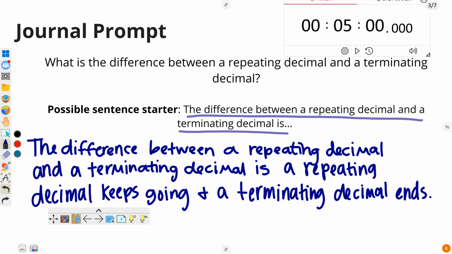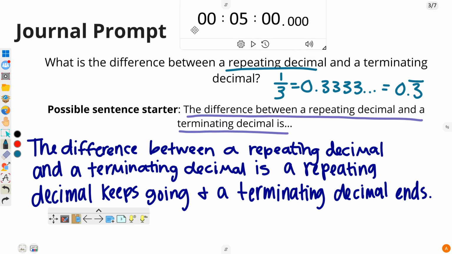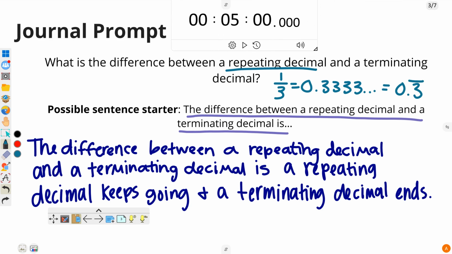An example might be, a repeating decimal would be like 1/3, which is 0.3333333. It keeps going. Or we could write that as 0.3 with a line over it to show that the line is what's repeating. A terminating decimal is one that ends.